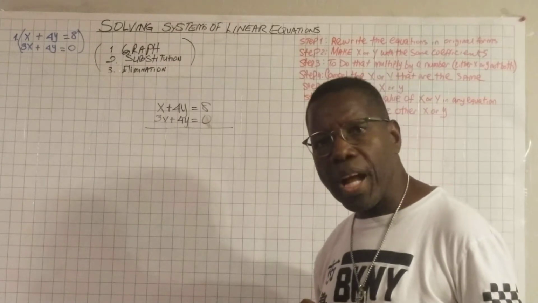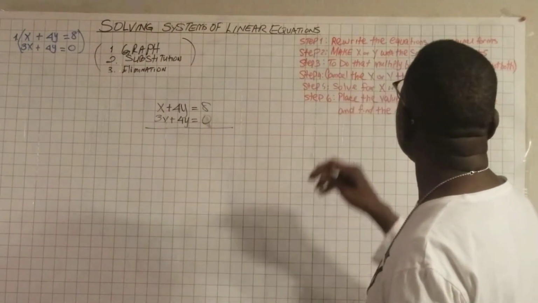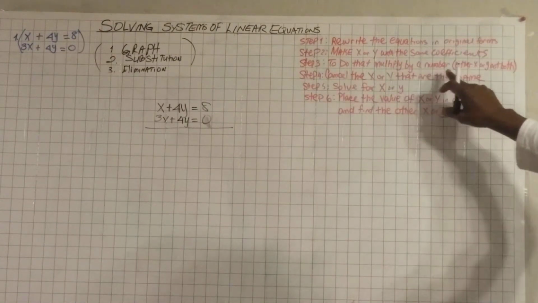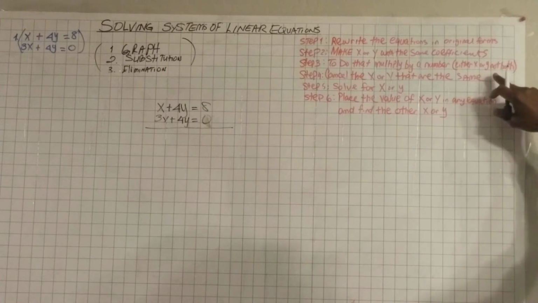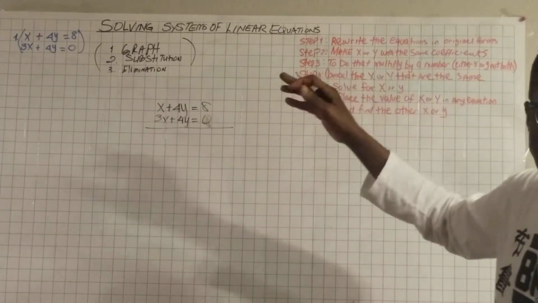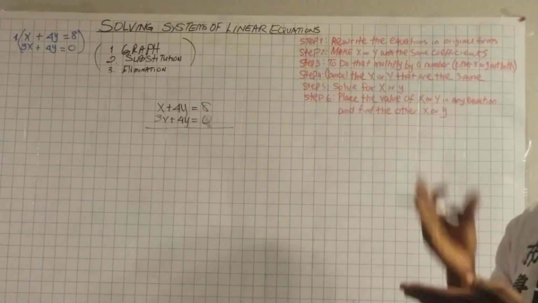That would be another way I could do it. Okay? This is what I was talking about in your step here. To do that, multiply by a number, either the x or the y, not both. Make the coefficients opposite signs and the coefficient value the same. That way you can cancel them out.